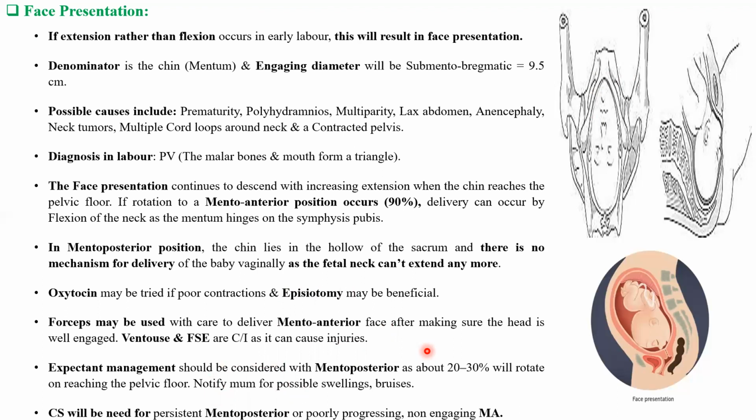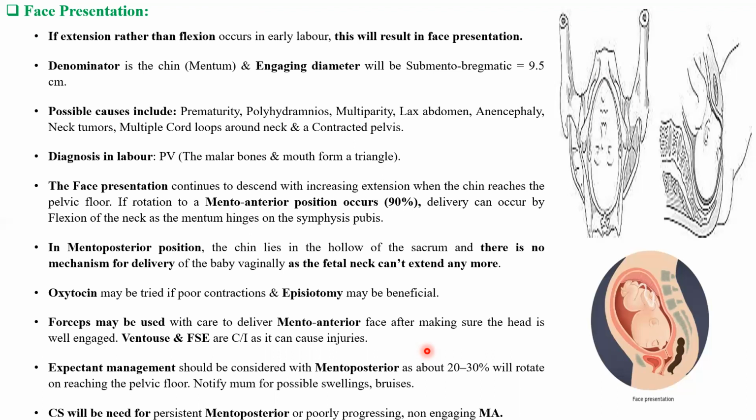If labor is obstructed, or there is no proper descent with mento-anterior, or if it is mento-posterior, you can go for cesarean section. Sometimes you may consider expectant management in early labor. In cases of mento-posterior, in 1/3 of these cases it may rotate to mento-anterior position and can be delivered. So this is the face presentation.